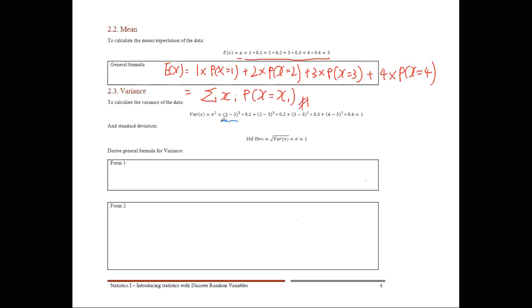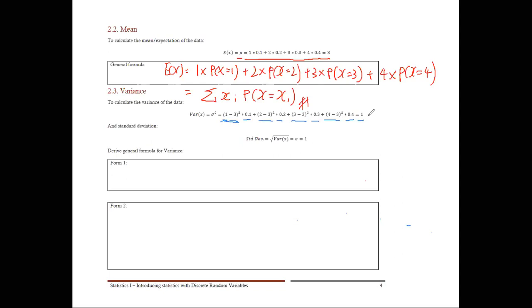So 1 minus 3, I will square it and multiply by the respective probability. Next, plus 2 minus 3 squared times the respective probability. Next, 3 minus 3 squared times the respective probability. And for the last variable, it will be 4 minus 3 squared times 0.4, which equals 1.